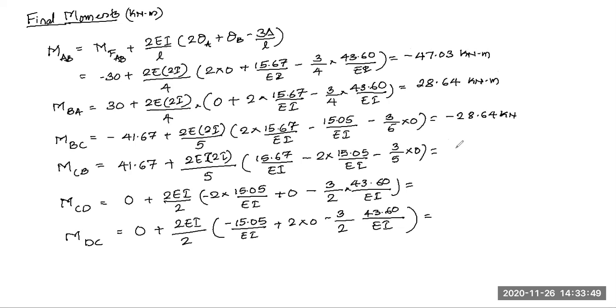Okay, then MCB. 30.126 kilonewton meter. And MCD?